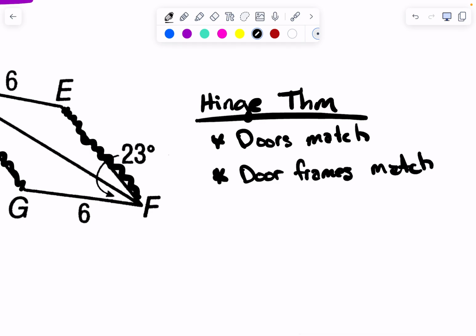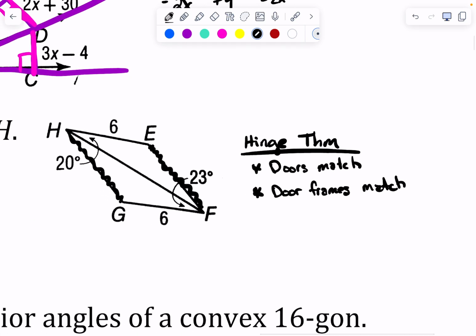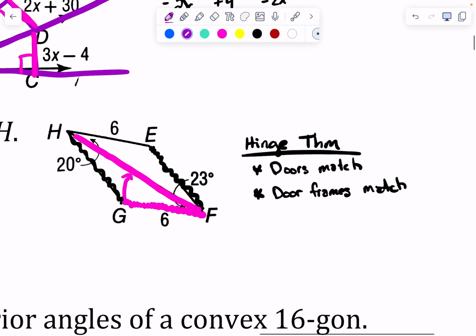And you're like, what the heck does that even mean? All right, so here's the deal. Here is my door frame. And then my door is swinging open. So here's my door. On the other end, here's my door frame and my door is swinging open here, right?